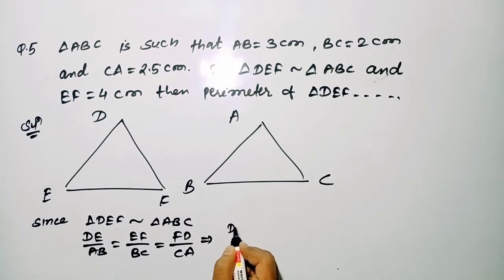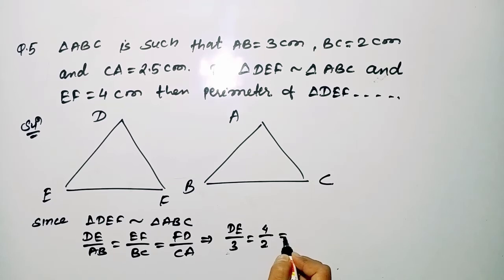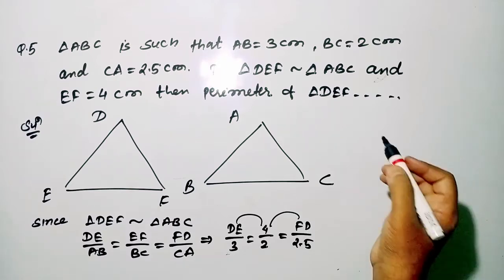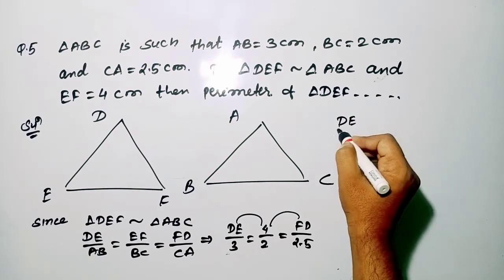Now substituting the values of the length of the sides, DE upon 3, 4 upon 2 and FD upon 2.5. Now DE upon 3 comparing with 4 by 2 and FD upon 2.5 comparing with 4 by 2.